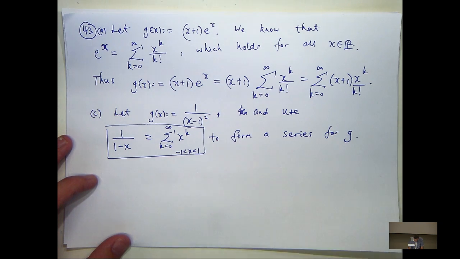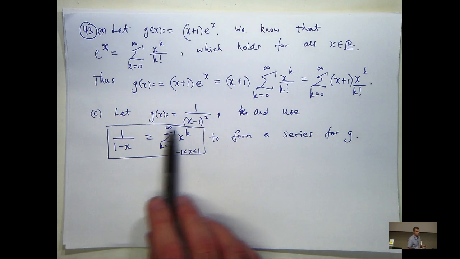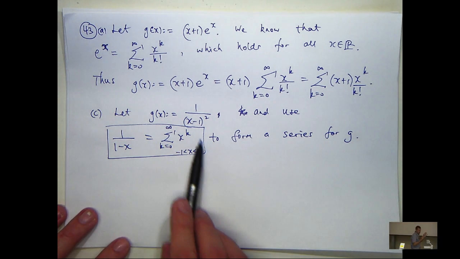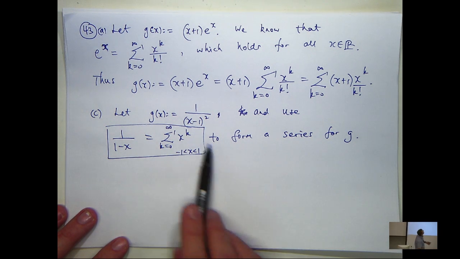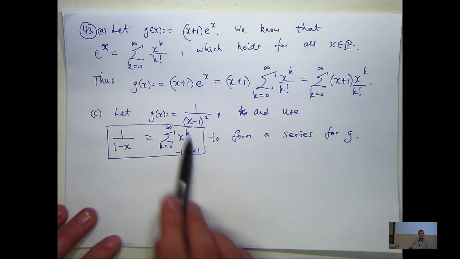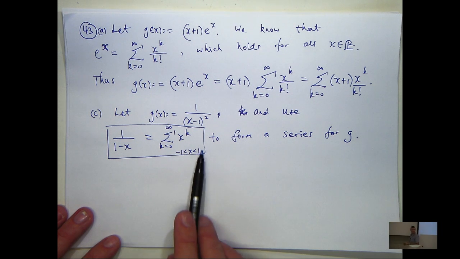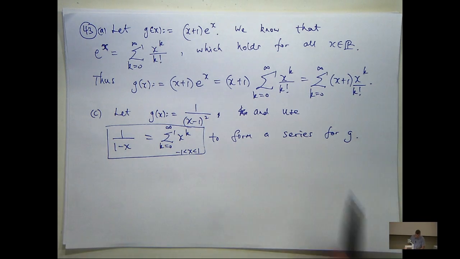Now you can come up with this interval either via the ratio test or just looking at the partial sums of this series here. It's back in, I think, grade 10, grade 11. The point is that if we're going to do calculations with this special series, we're always restricting ourselves to this interval. That's important. If we're going to work with something, we need to make sure that all the calculations we do with it are well defined. So to ensure that happens, we're restricting our x values to this interval.